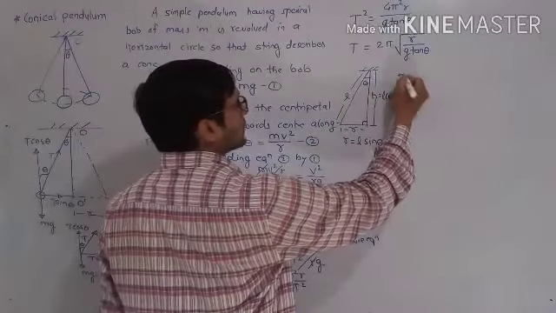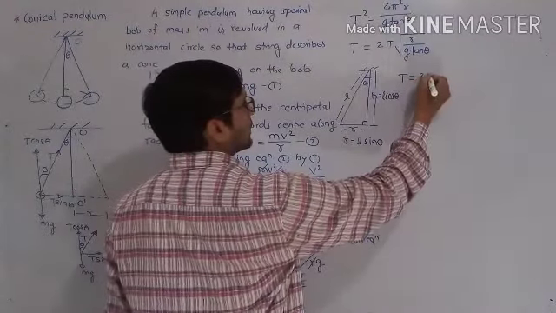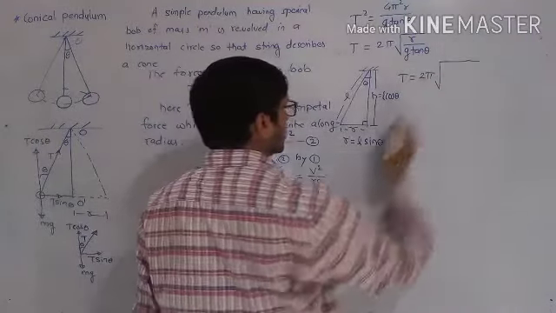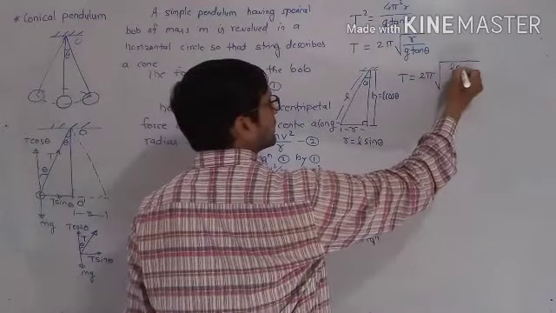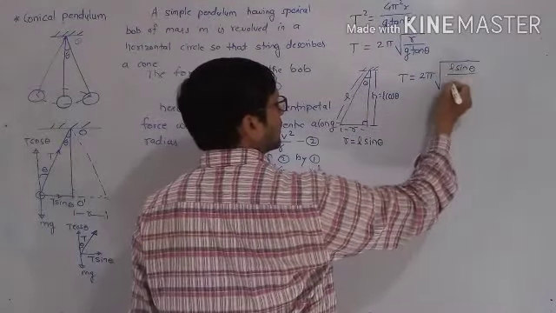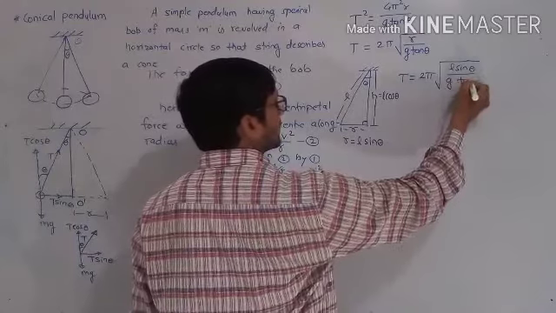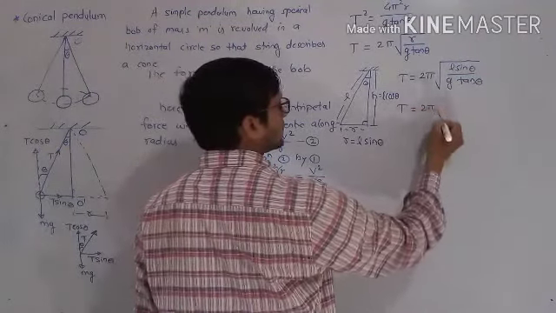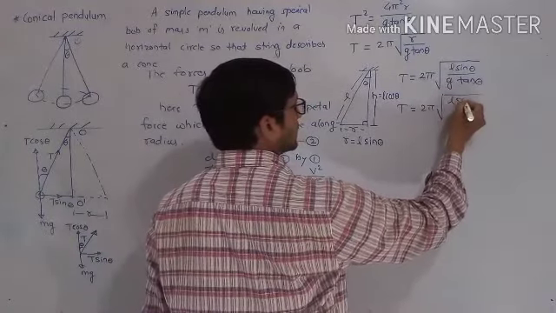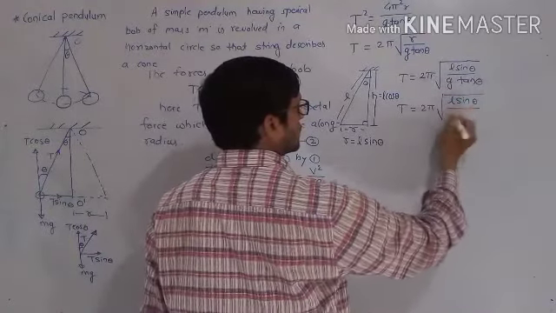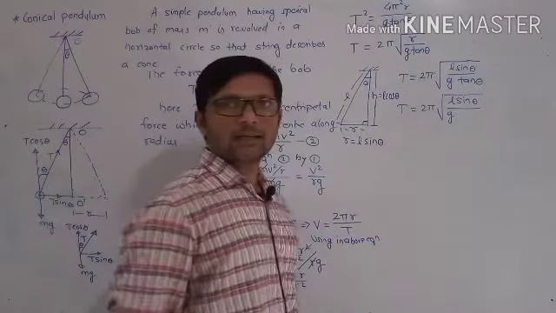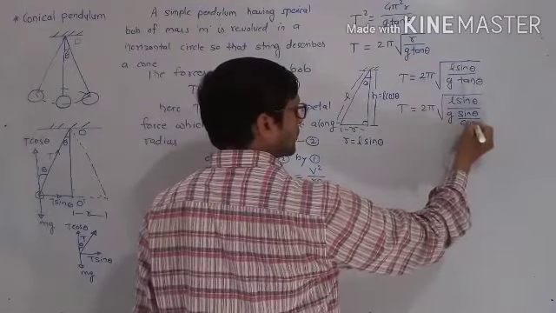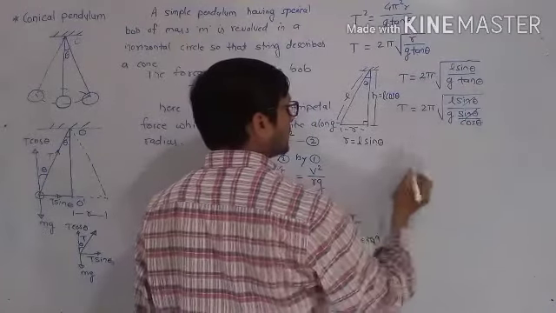Use that. T is equal to 2 pi as it is, and instead of r, L sin theta upon g tan theta. Now you can write this tan theta as sin theta upon cos theta, so sin theta gets cancelled.